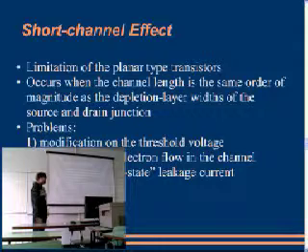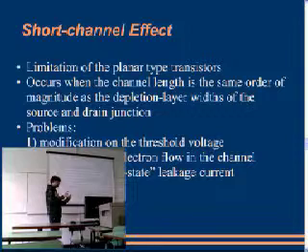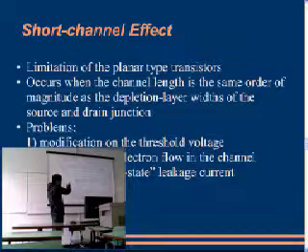Another problem that they face is the short channel effect. When the transistors get too small, if you remember the slide that showed the field effect transistor, we put the N parts of the transistor almost together, and this causes the short channel effect. Between the N-type silicon and the P-type silicon, we have this depletion layer.